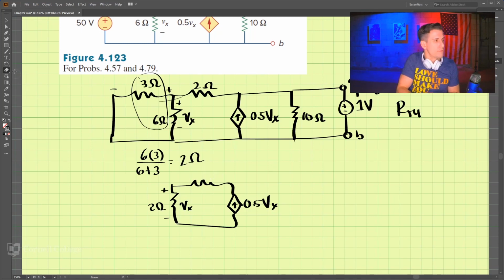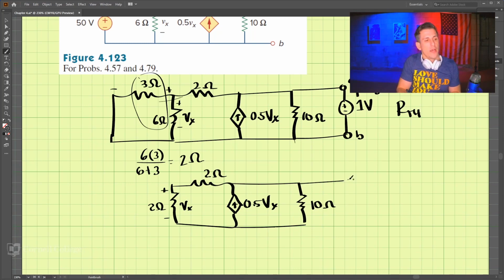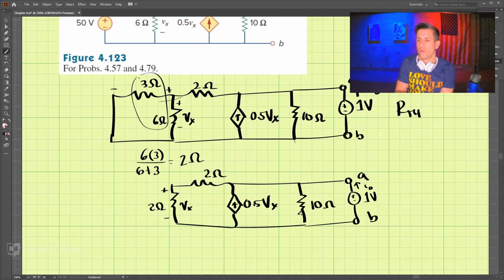And then we have our 10 ohm resistor here, and our terminals A and B with our 1 volt here, and we're looking for the current coming out of that 1 volt power supply.